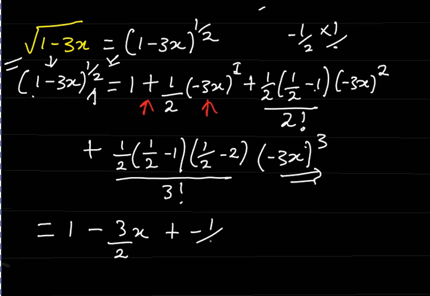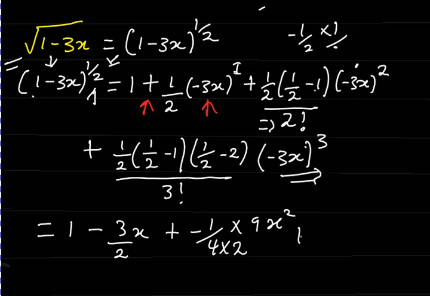Then, of course, divided by 2 factorial. 2 factorial is 2 times 1, so that's going to be times 2 here. Then minus 3x, minus 3x squared. 3 squared is 9, that's times 9, then of course x squared. So I hope that is well understood.